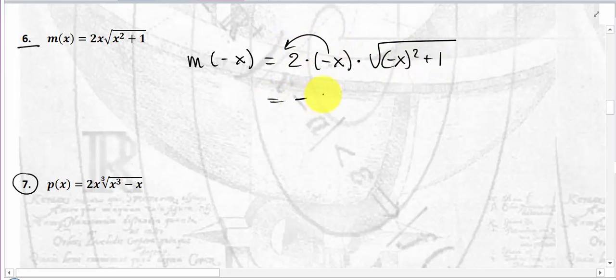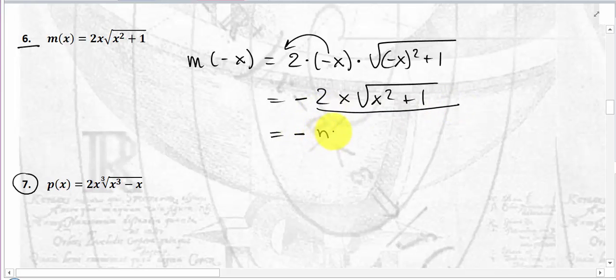M of negative x is 2 times negative x times square root of negative x squared plus 1. So it is negative x, we put it outside, negative 2x times square root of x squared plus 1. And this is just m right here. This is negative m of x, right? And so the function is odd.